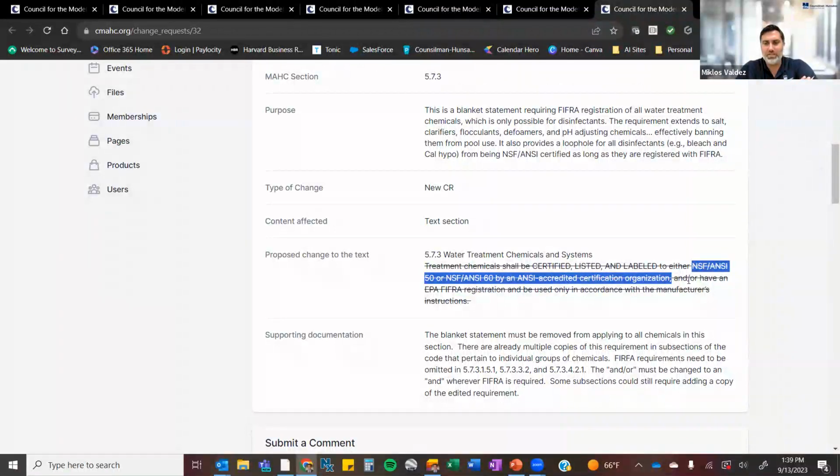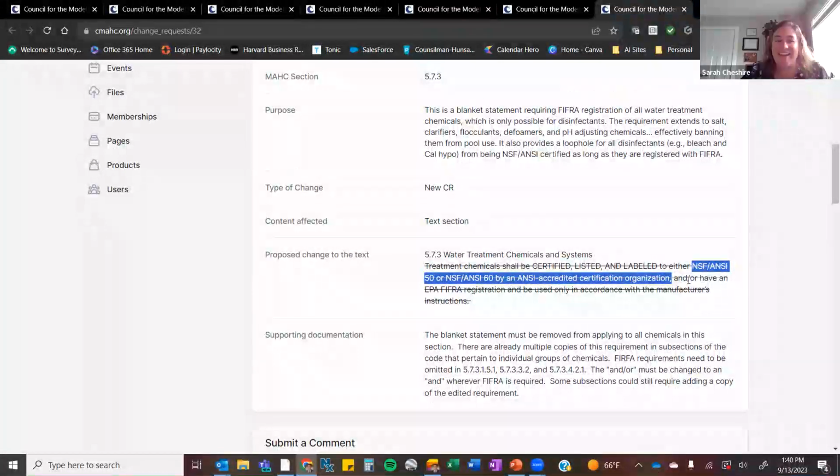The health officials on the call, is that the interpretation of "and or"? When I see "and or," I think "and or." I may not be correct, but we try as hard as we possibly can to eliminate any "and or." In fact, I don't have any. It's either one or the other.